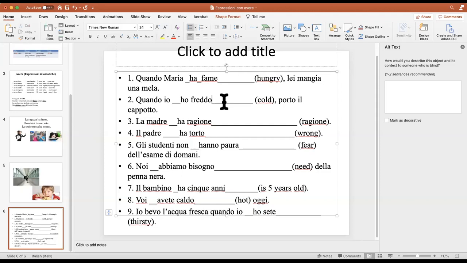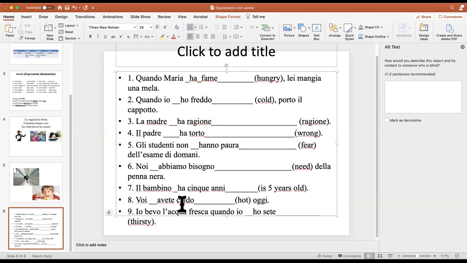However, you will see just freddo and caldo to be used as adjectives, right? Per esempio, la pizza è calda, il caffè è freddo, right? However, that only applies to inanimate objects, not to living beings. Living beings, you use avere, and then the ending never changes.